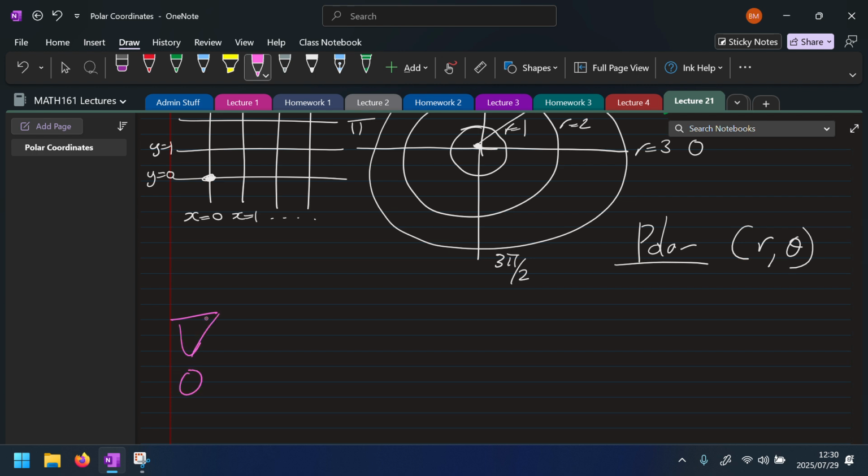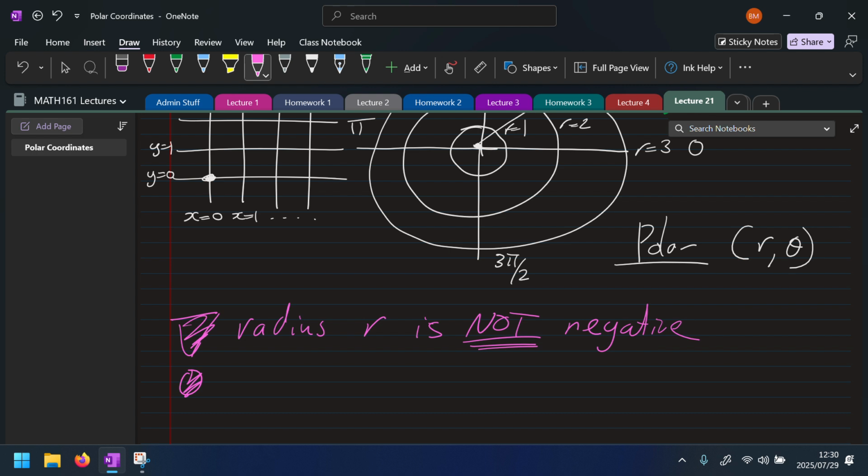Is that better? Okay. So I'll rewrite that. The radius r is not negative. You cannot have a negative distance. It means nothing. So the radius is always positive.